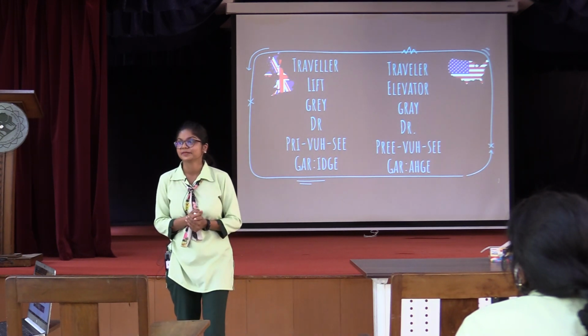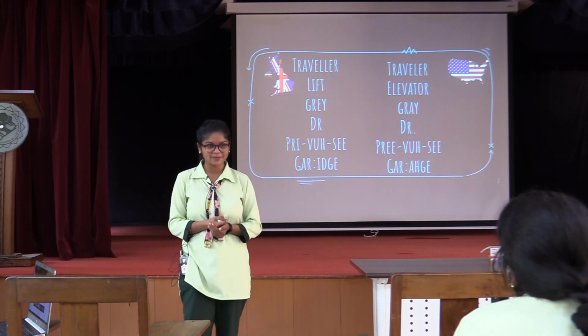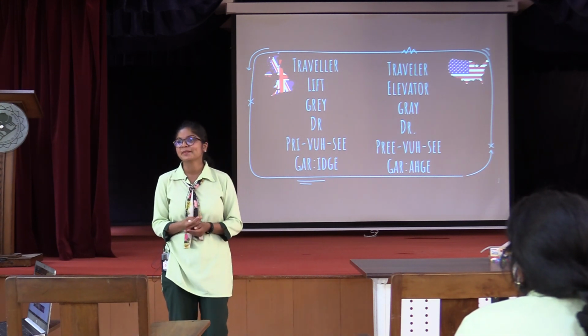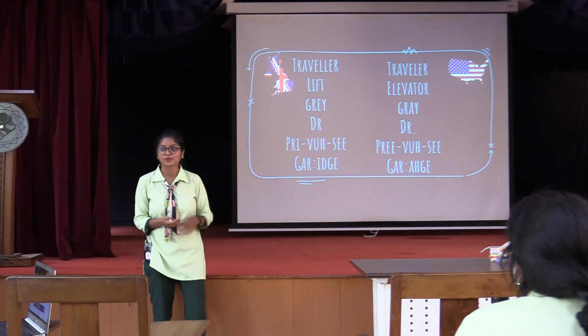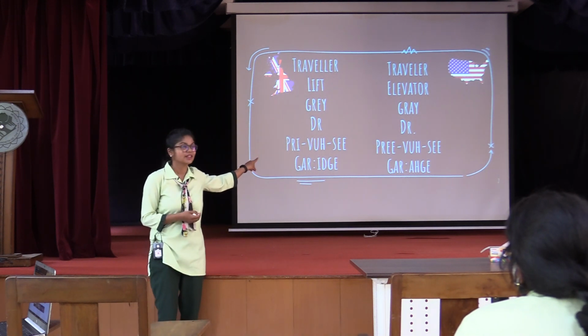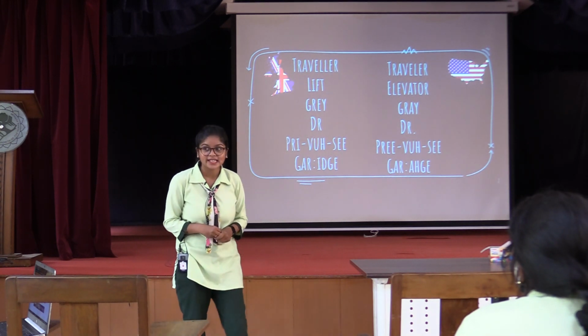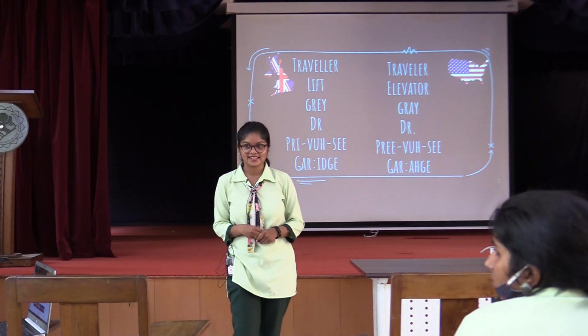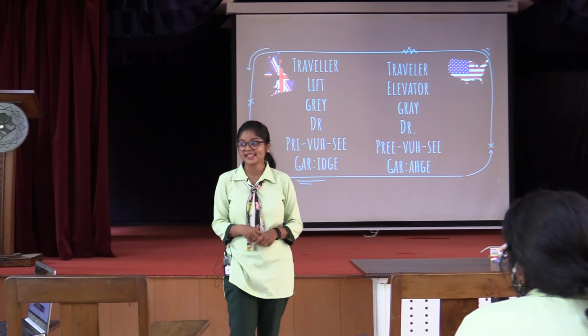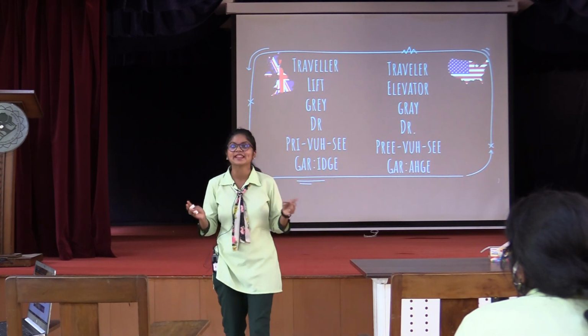What do you write? American version, right? We tend to use the American version more than the British one, but remember, this is the British one. Coming to the next one, did you select privacy or privacy? Privacy. Surprisingly, that's not British, that's American.